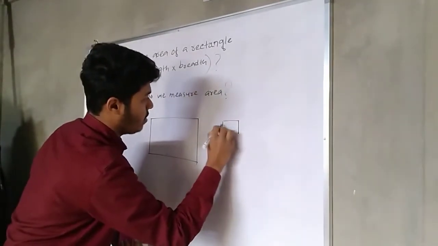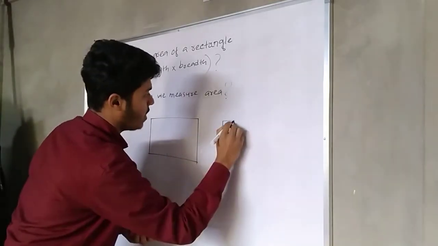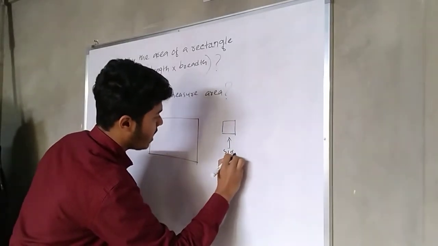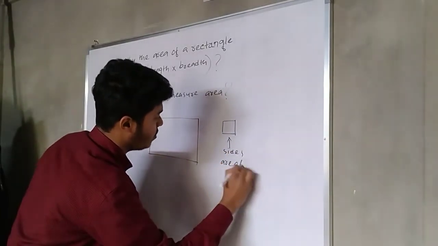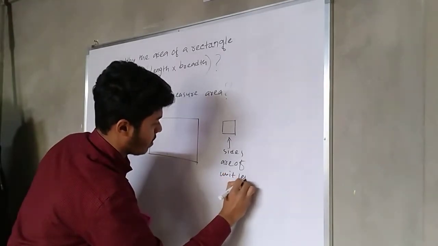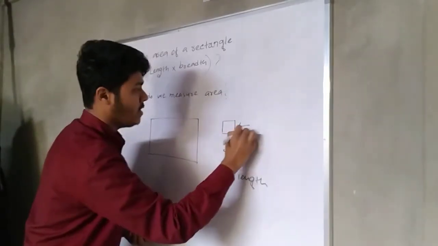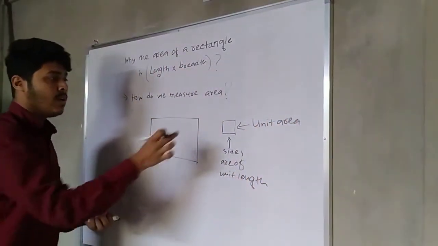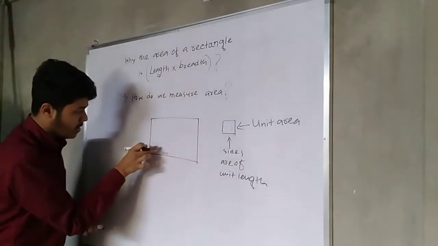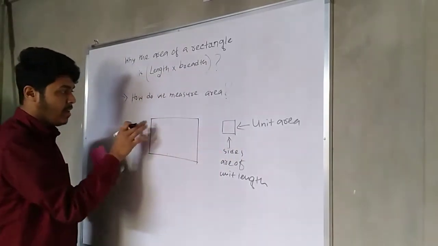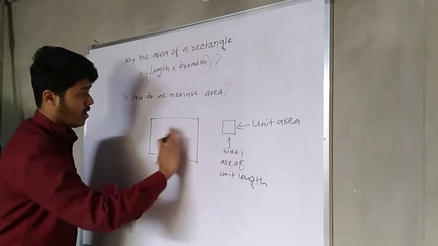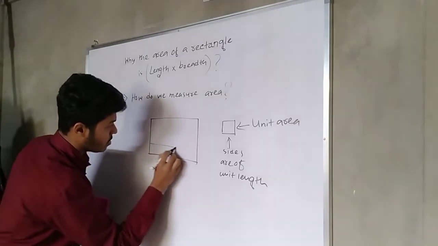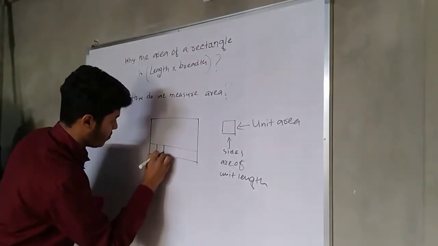So this is my unit area whose sides are of unit length. Now what I do, I just place this unit area here as much as I want until I completely fill this rectangle's area.